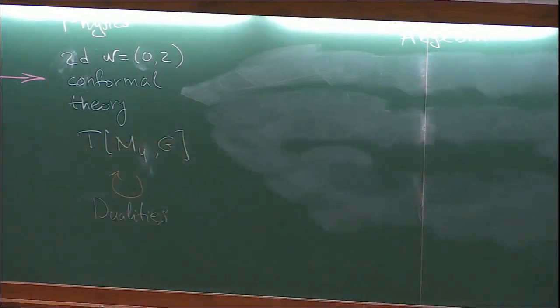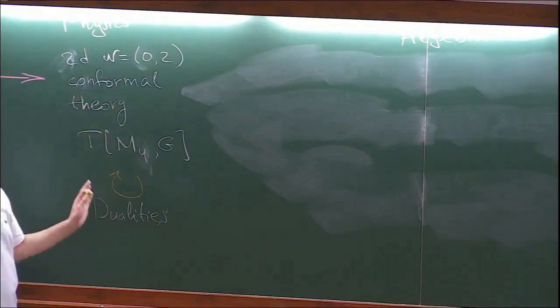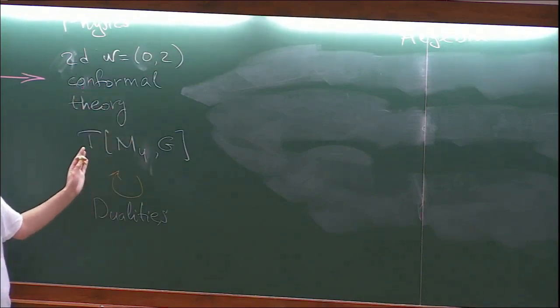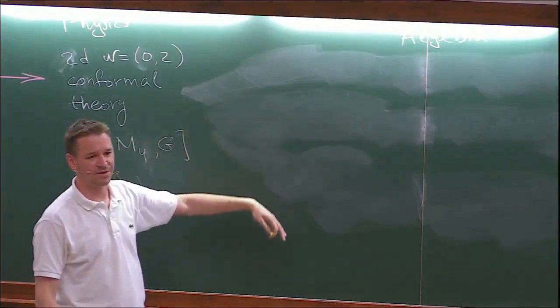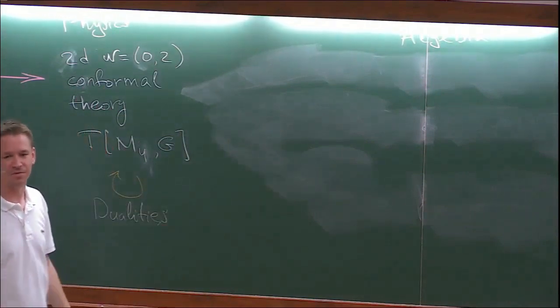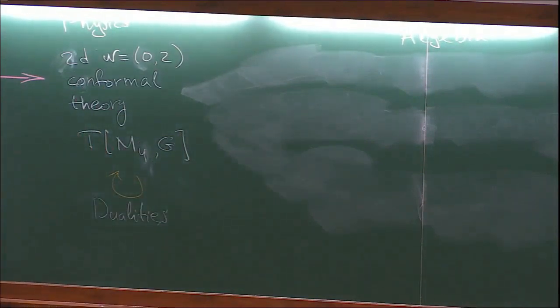But if this whole theory is a topological invariant of a 4-manifold, then anything you ask about this theory should also be a topological invariant of a 4-manifold, and our goal will be to see this concretely in specific examples.